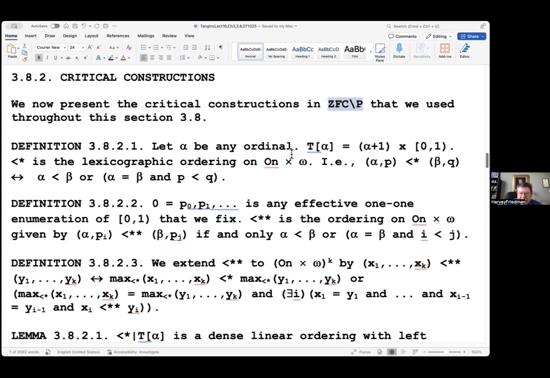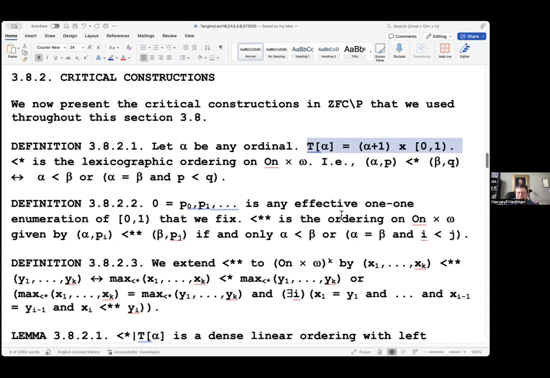So let alpha be any ordinal. We have the space T alpha equals alpha plus 1 cross [0,1]. I used to break that up into a union of singleton alpha cross, but this is clearer. I like this better. And less than star is the lexicographic order on ON cross omega. So alpha P is less than star beta Q if and only if blah, right?